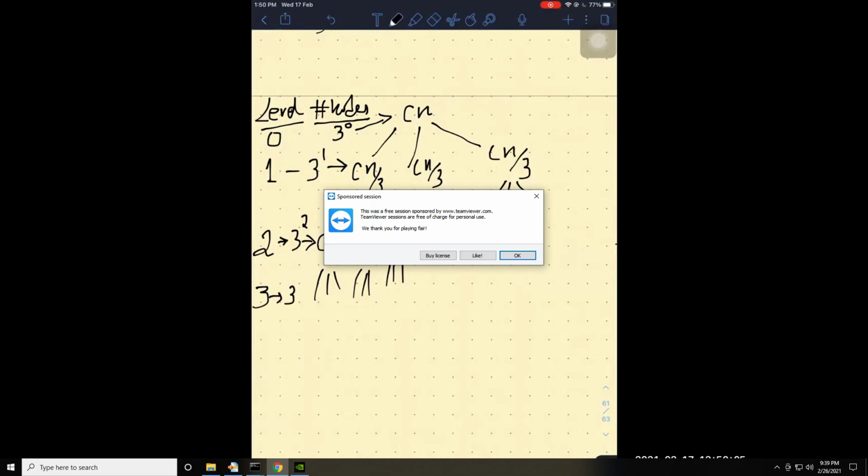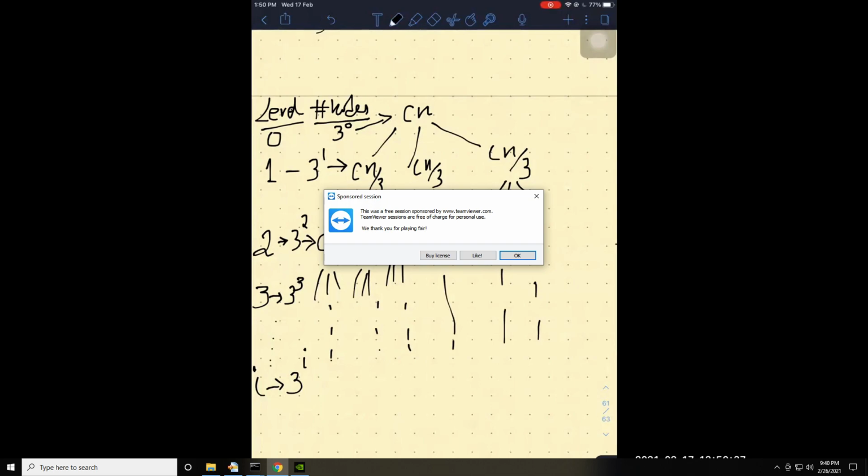At that level we will get 3 to the power 3 nodes. And in this way, for the general case, for the ith level, we will get 3 to the power i nodes. Okay, is it clear how we are getting this 3 to the power i at the ith level? Yes. Okay.